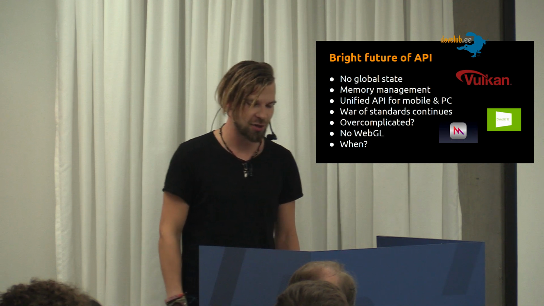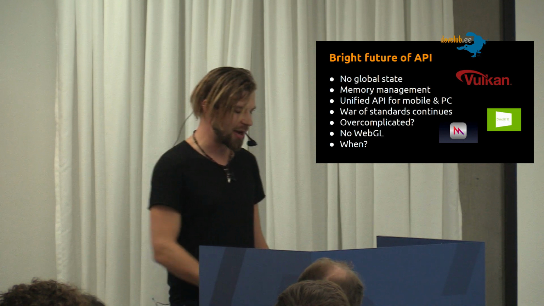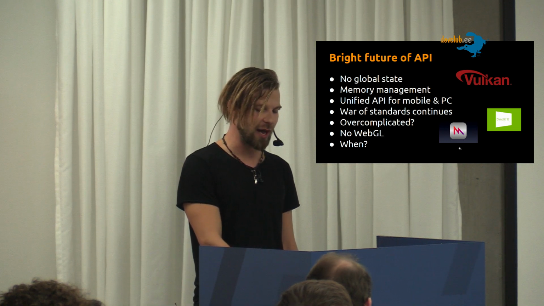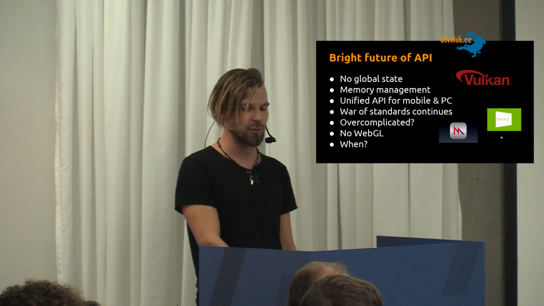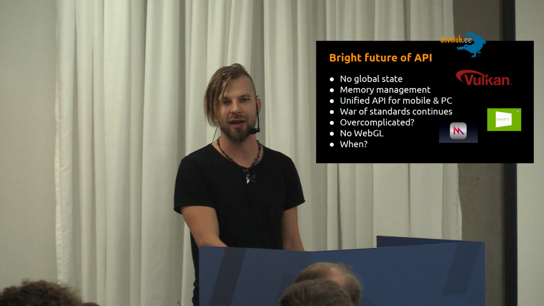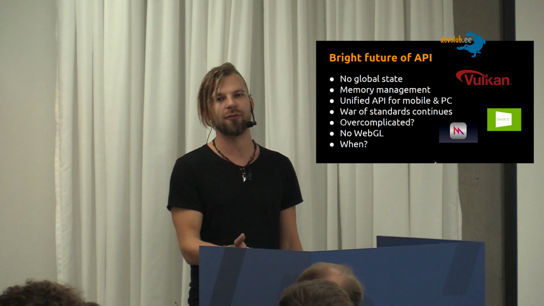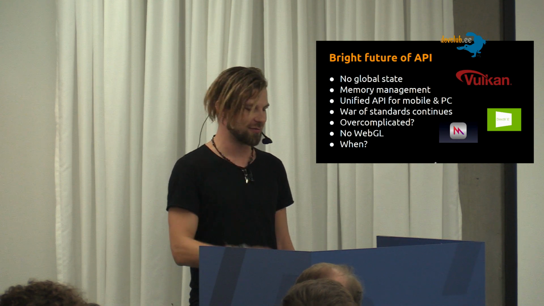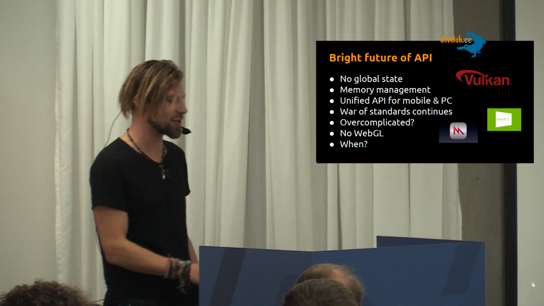Microsoft and Apple released their own standards. Metal was released by Apple as a replacement of OpenGL, and DirectX 12 didn't change the name, but basically it's a totally new API, not backward compatible. So before we had 2 standards, now we have 3. Things are not moving in a good direction in this sense.